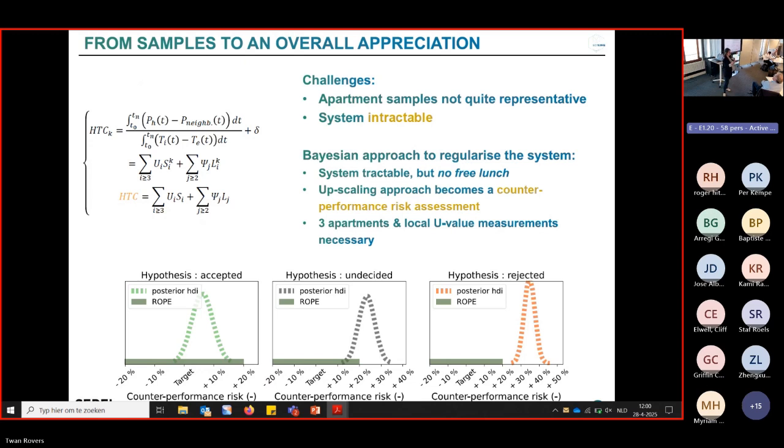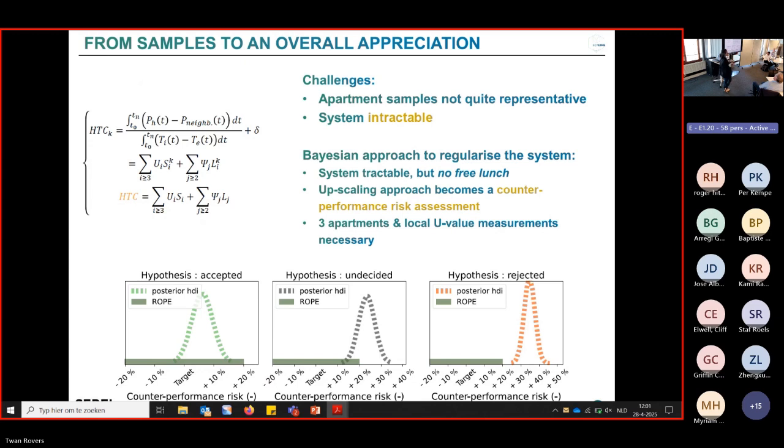If you have a tower, you'd have lots of vertical walls, and if you only measure the corner units, they do not represent the vertical walls. And when you only measure 2 or 3 apartments and your building has 20, it's definitely not representative.